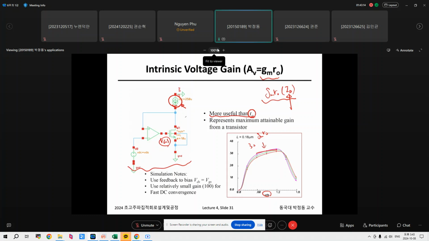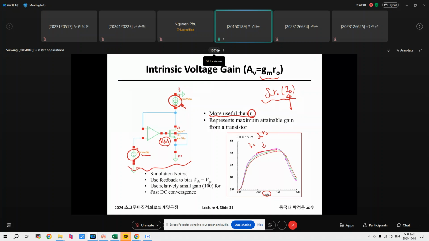This ideal current source is connected to the drain of this DUT. And we also provide VDS over here.